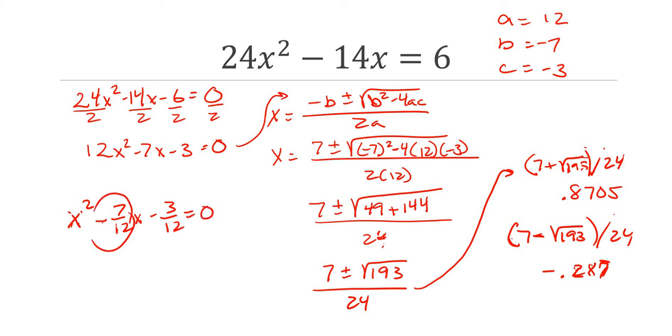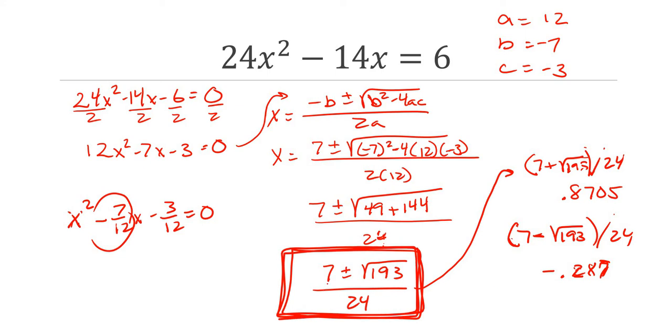And I would have had to use this b value. That would have been really messy. So in this case, the quadratic formula is the best and simplest. Now, without a calculator, you are perfectly fine leaving your answer in this form.